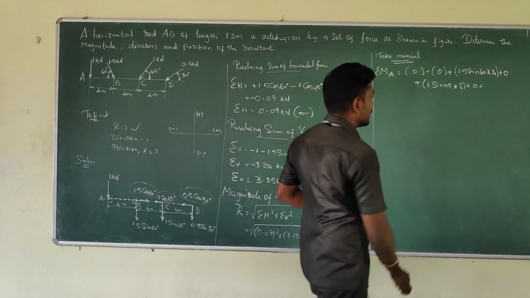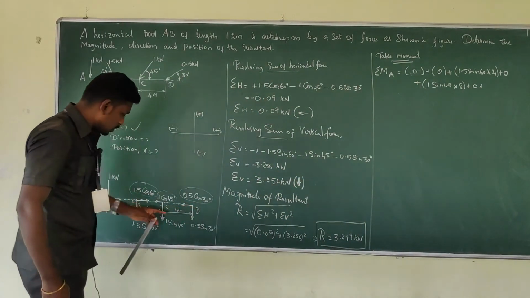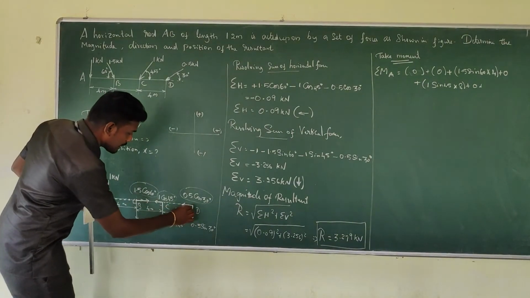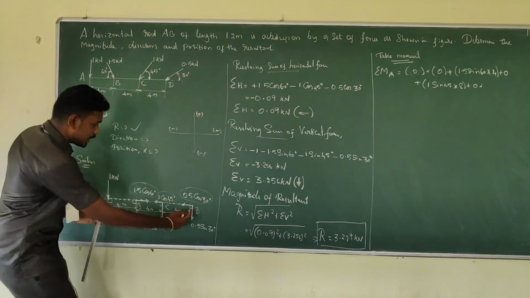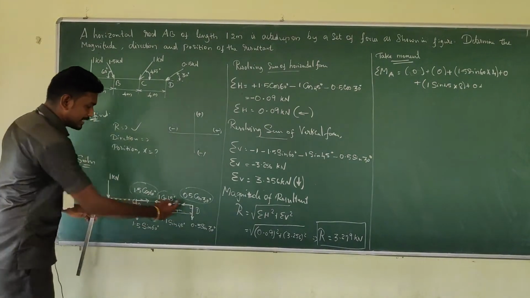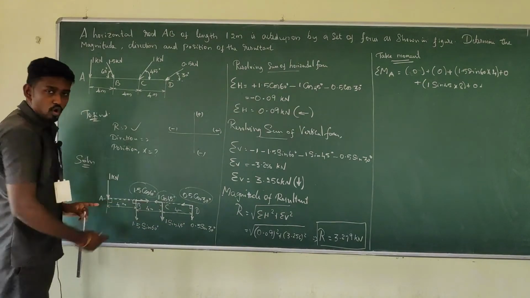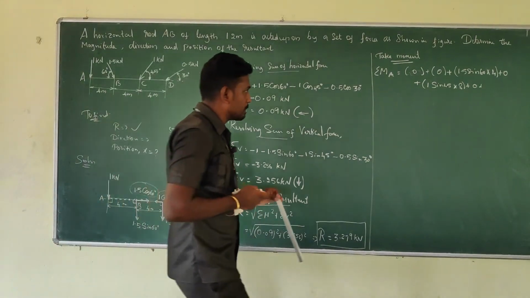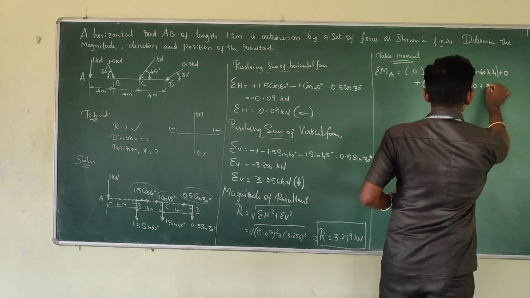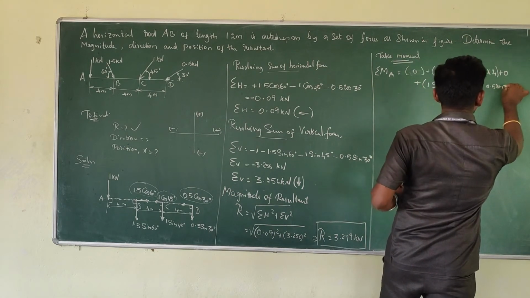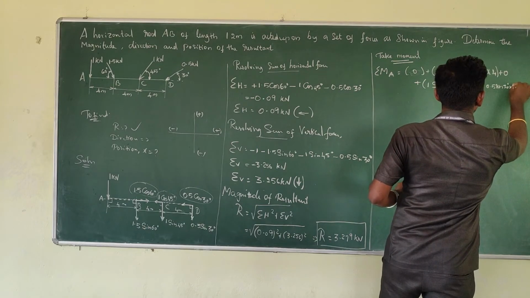And the next, look at this, 0.5 sine 30 degree into its perpendicular distance about A. This is the perpendicular distance A to D, so 4 plus 4 plus 4, you will get 12. So 0.5 sine 30 degree into 12.